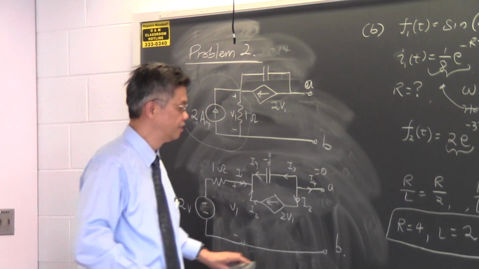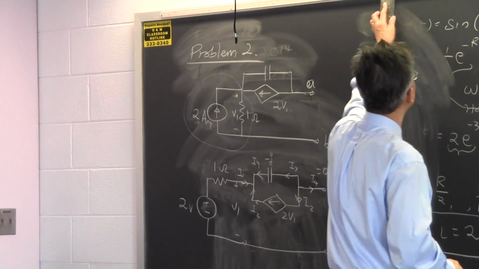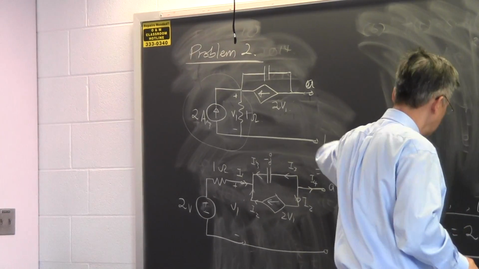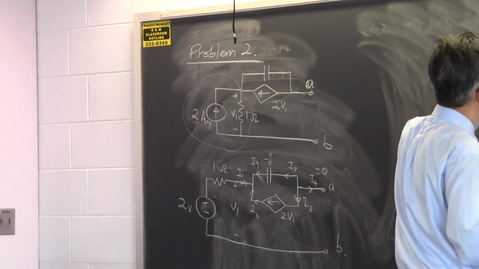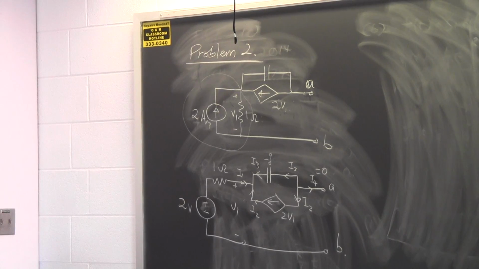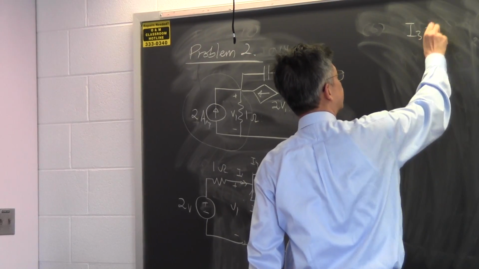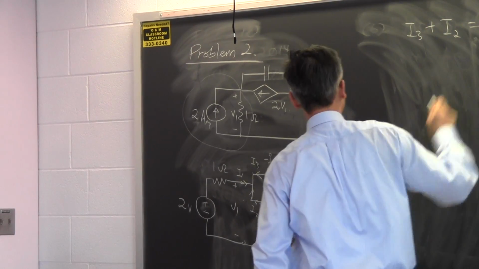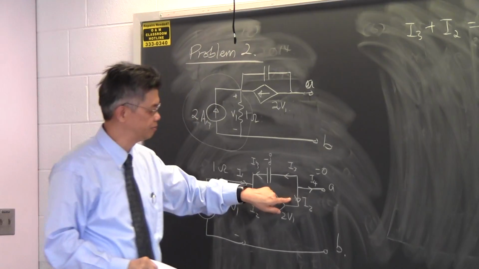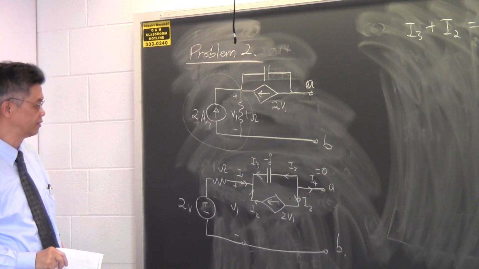So I immediately know that I3 plus I2 must be equal to 0, since I4 is equal to 0.